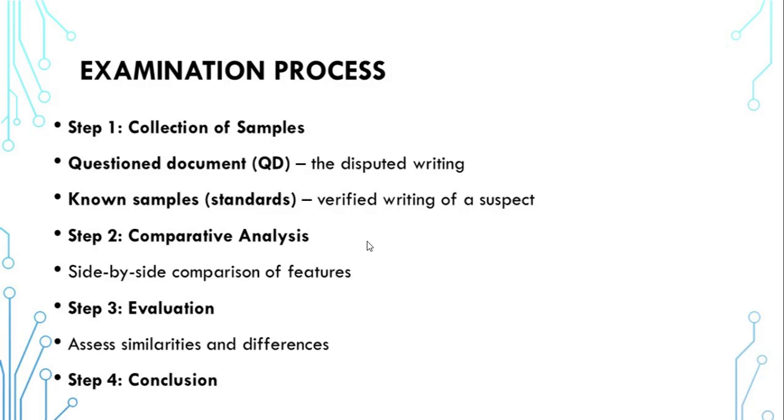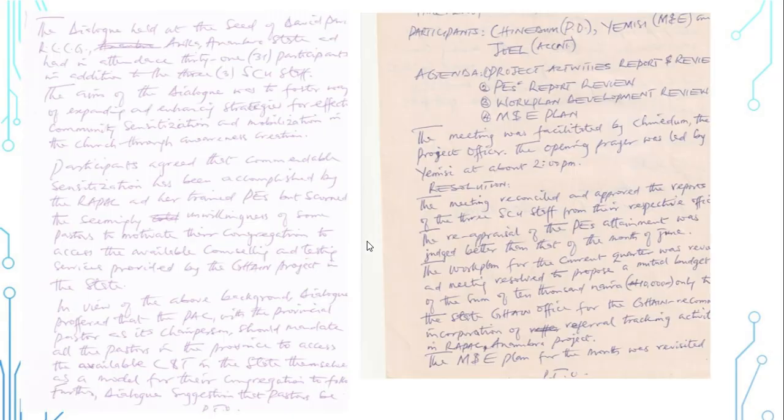While we are doing that, let me give a simple example of a case. For example, on your screen, you have two handwritten documents. One is from the known, and the other is the disputed.